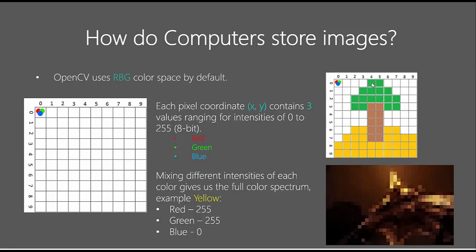Next, if we have a green over here, pixel 04 is going to have 0 red, 0 blue, but full green. Now, how do we make colors like brown and yellow? Now, if we mix colors, as you may have done in kindergarten, I guess, you can see that by mixing red and green, you actually create yellow.